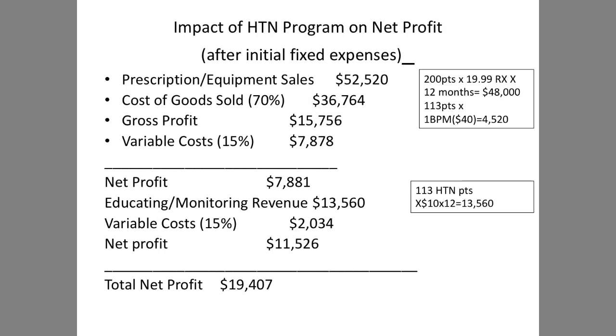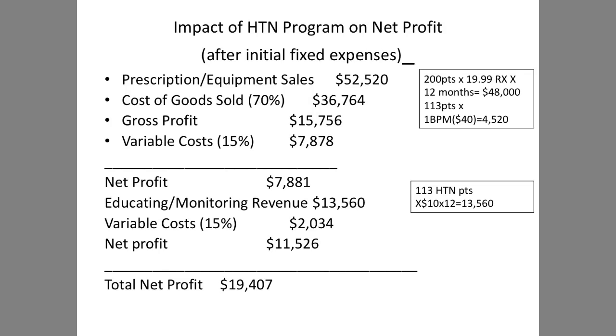So even if I never delivered this service, it would be around $48,000 in revenue. But if they want to be part of this service, I am going to sell them one blood pressure machine at $40, times the number of potential patients in this program.